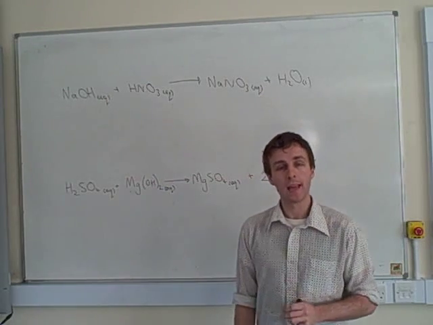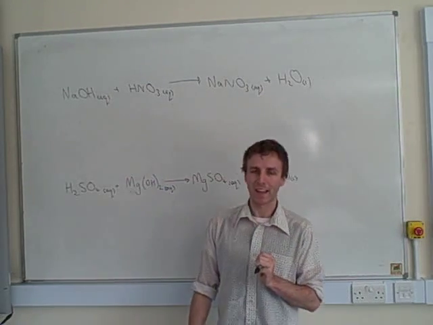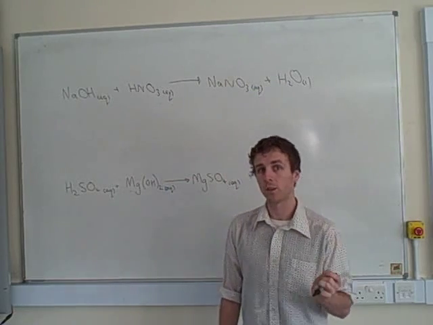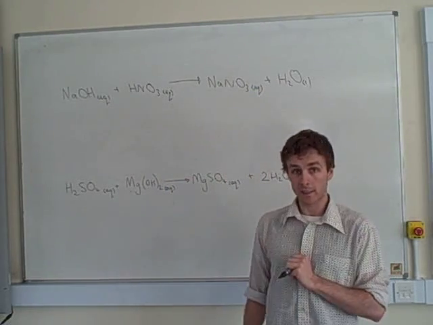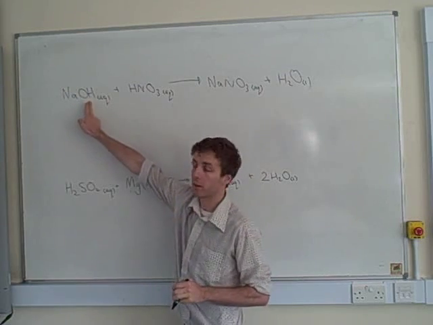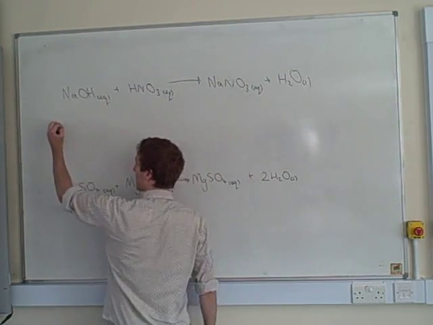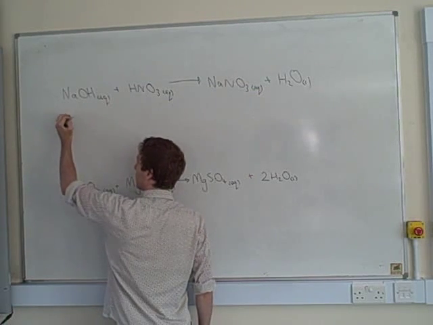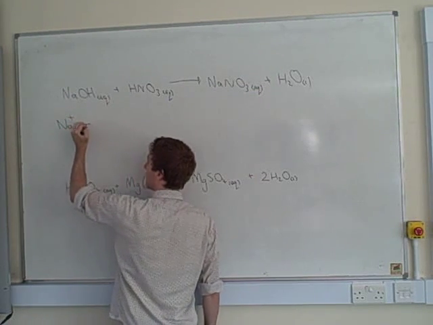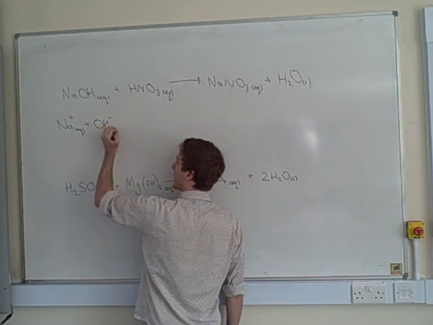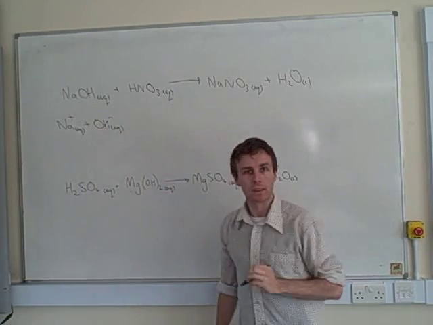I break down my ionic aqueous compounds into the different ions. So let's have a look at what I've got here. I've got sodium hydroxide, that's ionic, and it's also aqueous. So I'm going to break that apart into Na+ (aq) and OH- (aq), and that's that.